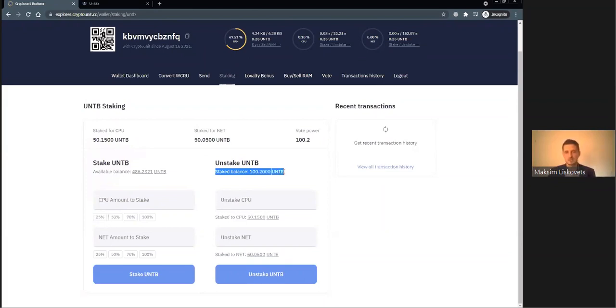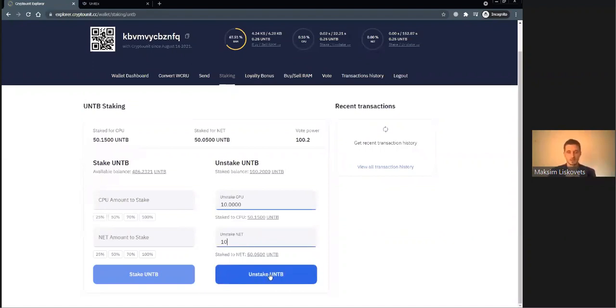Currently, it tells you that you have staked 100 UNTBs, 50 for CPU and 50 for net. In order to unstake, we input the amount of UNTBs that you would like to withdraw. Let's say 10 for CPU and 10 UNTBs for net.